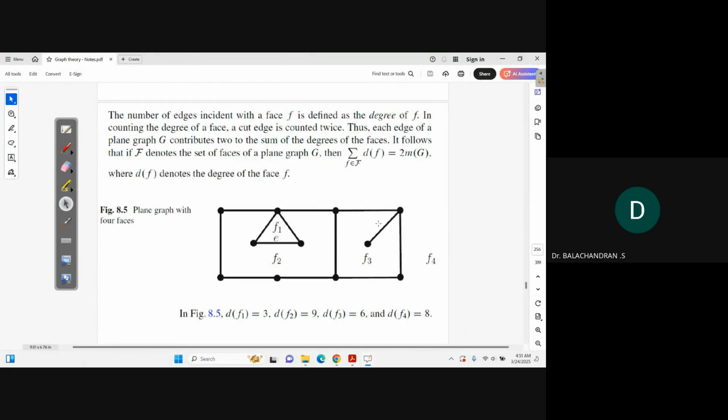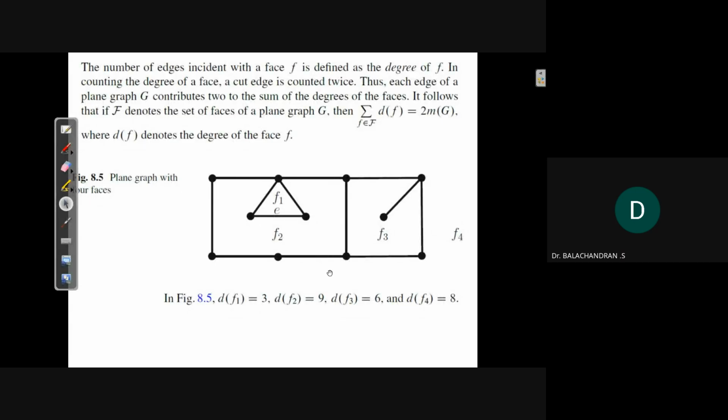If I remove this edge, this vertex is disconnected from this portion. If I remove the edges, the vertex remains the same; the vertex is not affected.